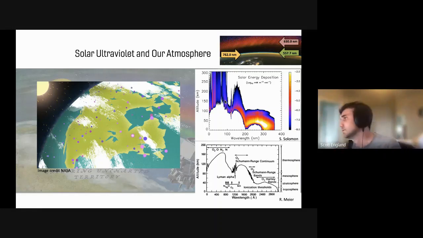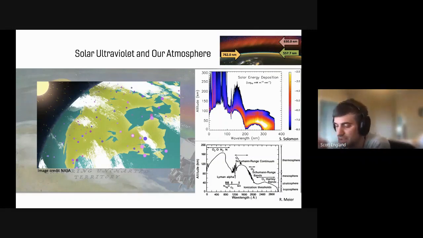Some is even absorbed at higher altitudes. If we think about the wavelengths we're talking about here, these are pretty short wavelength photons, below about 1,000 angstroms or 100 nanometers, whichever you want to use. These individual photons have a lot of energy, and they don't just get absorbed by the oxygen, the nitrogen, and other particles in the upper atmosphere.